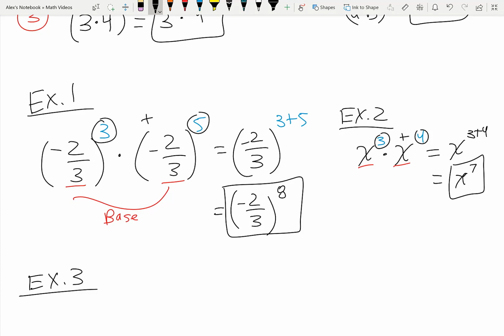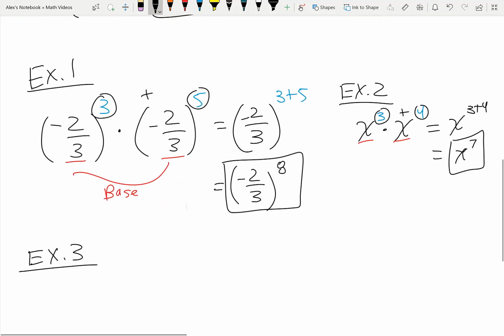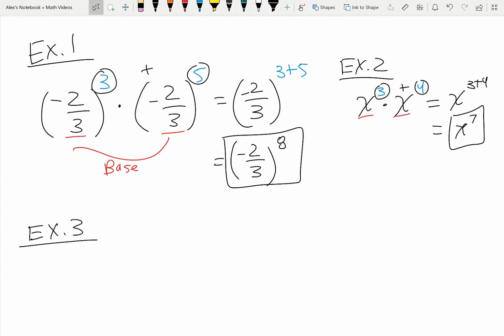Let's look at example number 3. Let's consider something that has the second type of scenario that I wanted to go over. So example number 3 would be something that looks like 4 to the 3rd power, and then let's do a 5 in there. So we have 4 to the 3rd, all to the 5th power. Remember, the product property lets us do this.